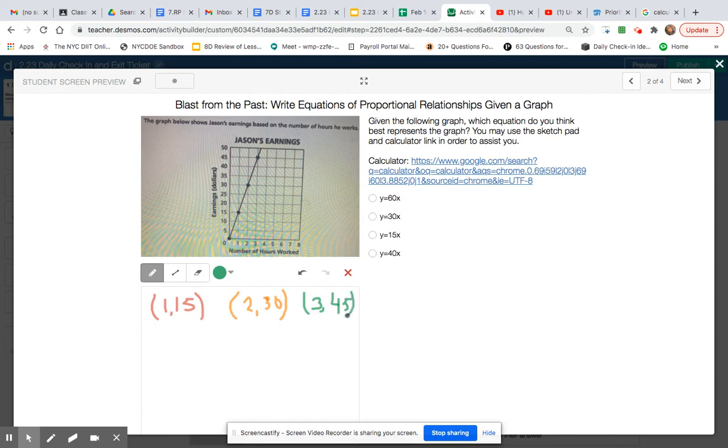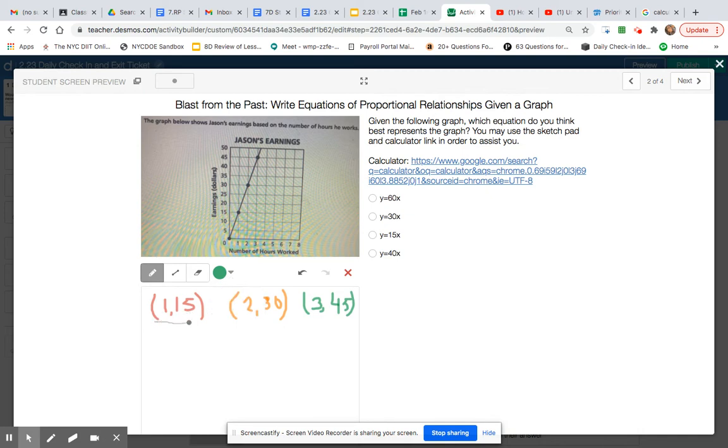Okay. If you guys remember when we did the stations on proportional relationships and graphs, the first thing you need to do in order to write the equation of a proportional relationship given a graph is to find the constant of proportionality. Remember, if you know the point whose x value is 1, the y value is the constant of proportionality.